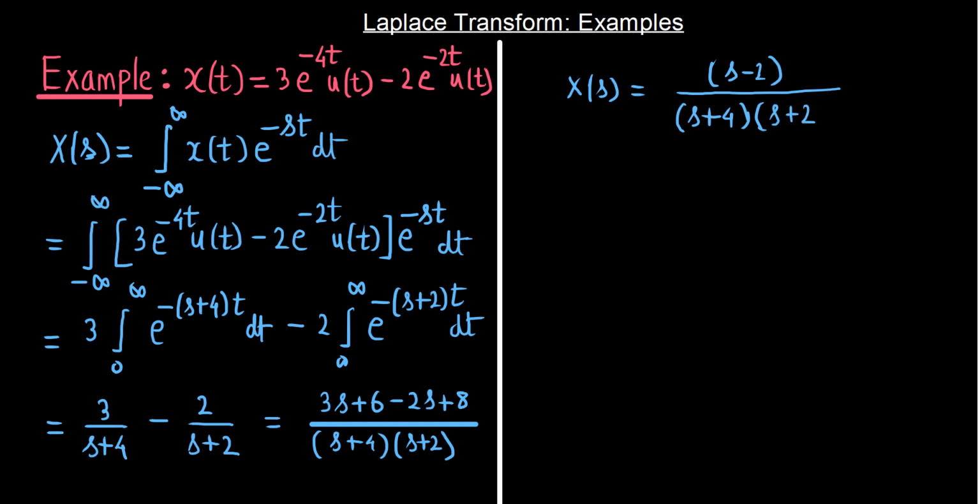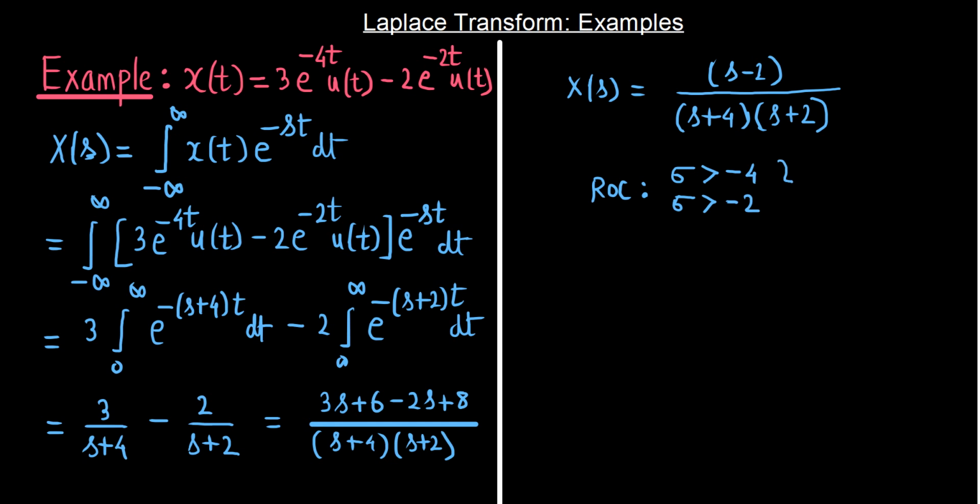And of course the region of convergence here, based on what we have seen before, for the first integral is sigma greater than minus 4, and for the second integral it is sigma greater than minus 2. So let me write that. The ROC is sigma greater than minus 4 for the first integral and sigma greater than minus 2 for the second integral.